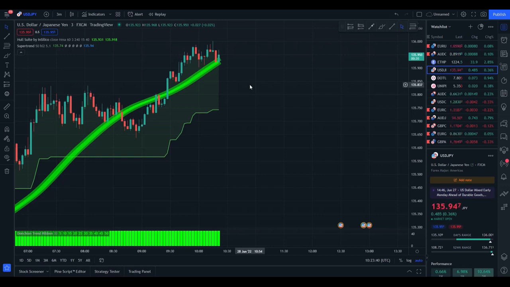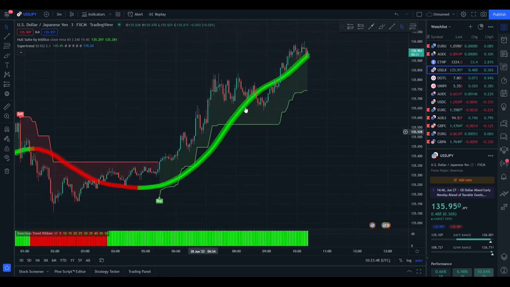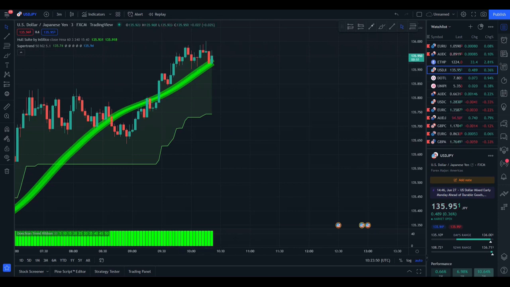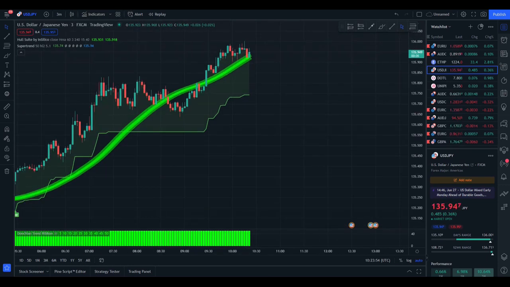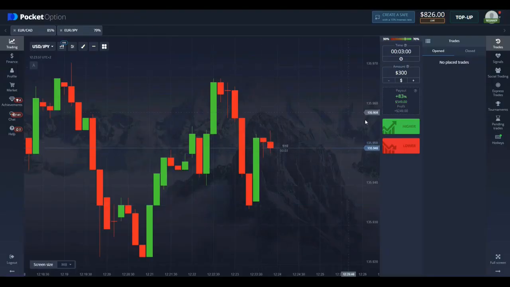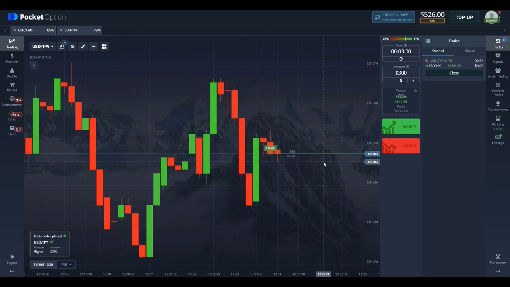As you can see, both Hull Suite and Supertrend and Donchian ribbons all indicate that there's currently an uptrend, and of course entering as soon as Supertrend gave us the signal was the best option. However, it is not possible now, so we are going to take a $300 trade here with a long position. Now let's skip ahead to the end of this option and see if we manage to get it. Let's go.